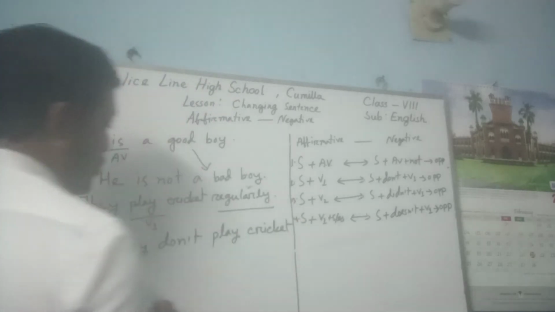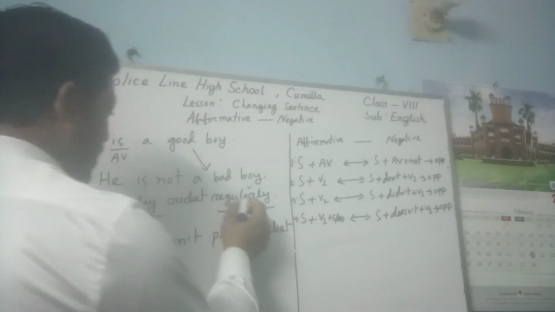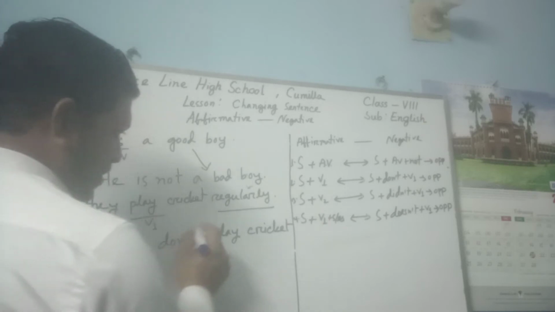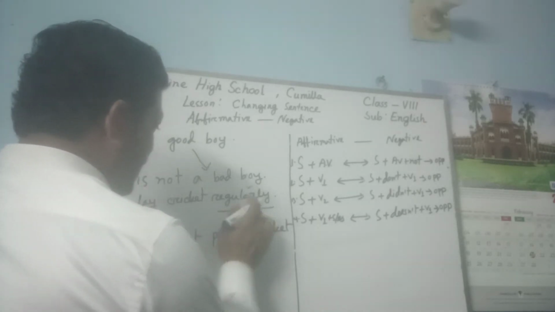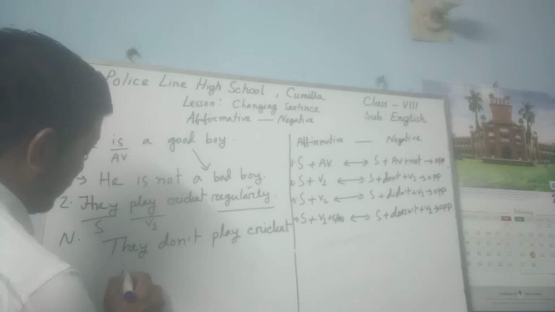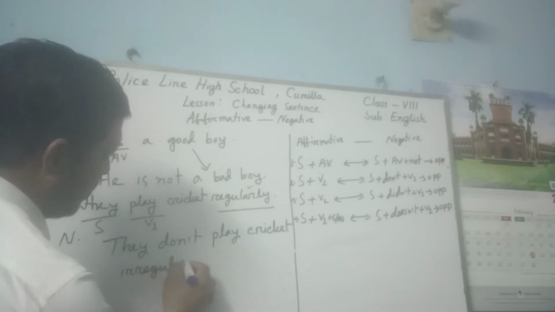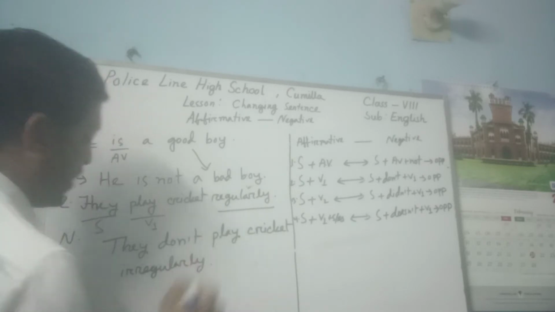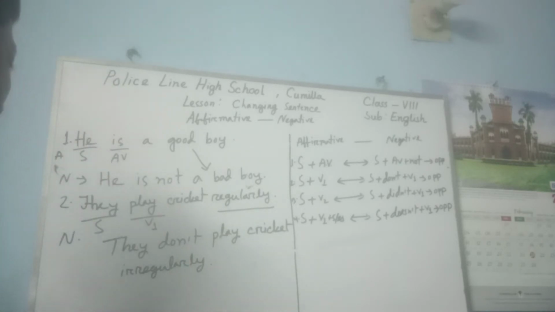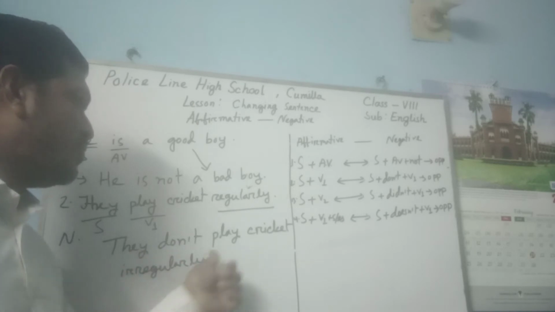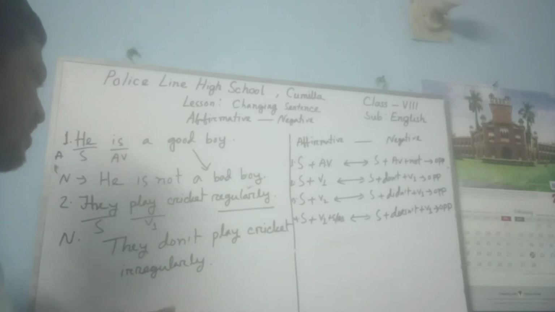And I will use opposite word here. The opposite word of regularly is irregularly. So the sentence is they don't play cricket irregularly.